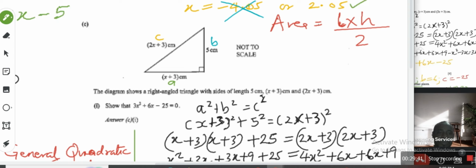Usually when you get two values of x, you have to make a decision on the appropriate one to use for your substitution. We can't use this because it will give us a negative value of length, which is not reasonable. We rule it out, so we use this positive one. So x is 2.05, so let's substitute to get the real length.